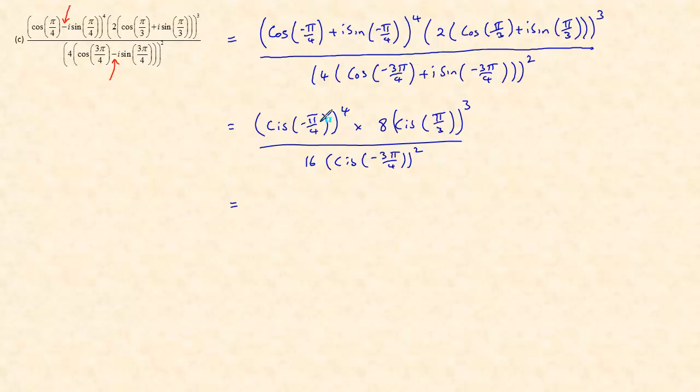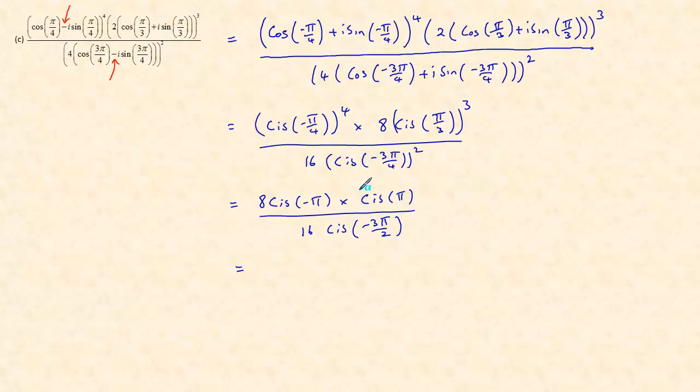So multiplying the angle by the power here gives us cis negative pi. We've got the 8, and then this is pi by 3, multiply that by 3, so that's going to be cis pi. And on the bottom we've got 16 cis negative 3 pi by 2 when we multiply this by 2.